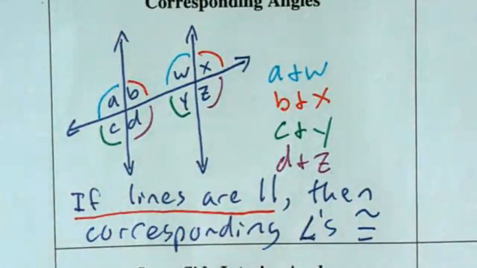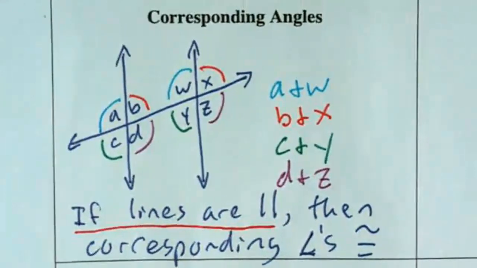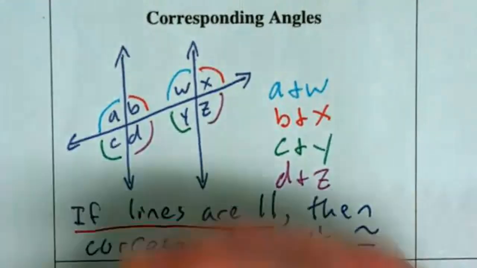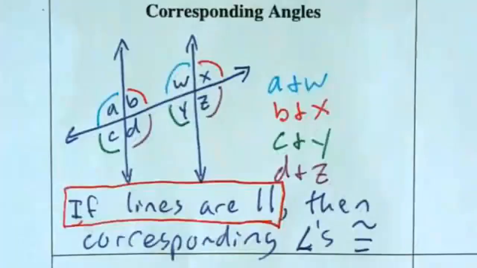This is on the second page of your packet, in the corresponding angle spot. I underline this, but I think I'm even going to put a box around it because it's really important: only if the lines are parallel, corresponding angles are congruent.